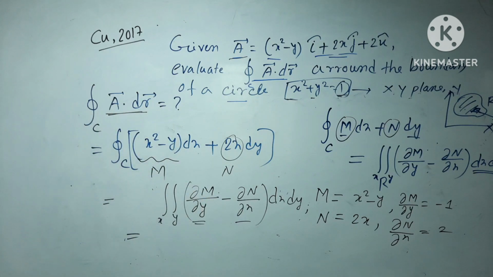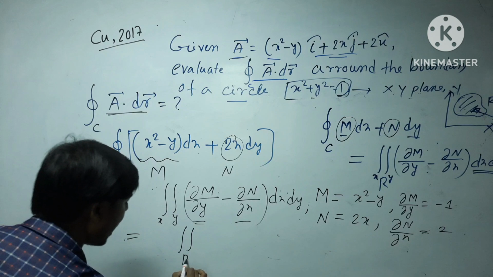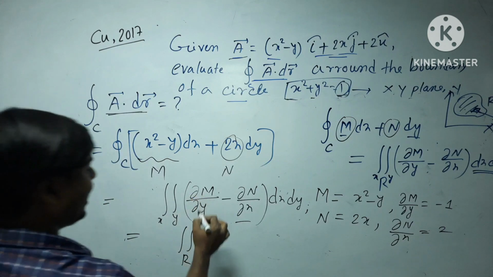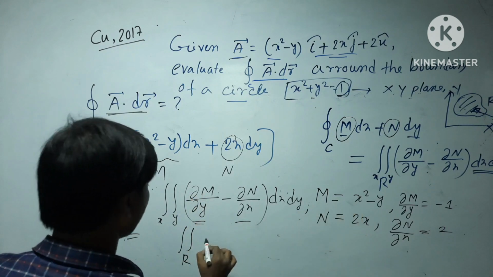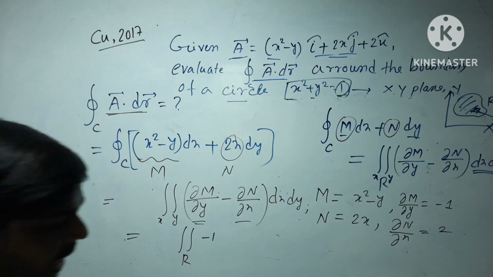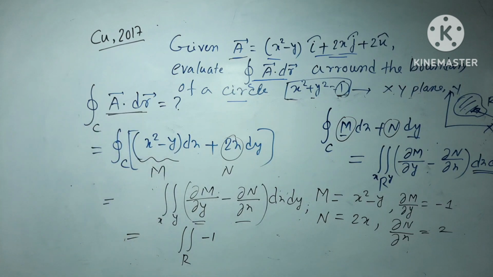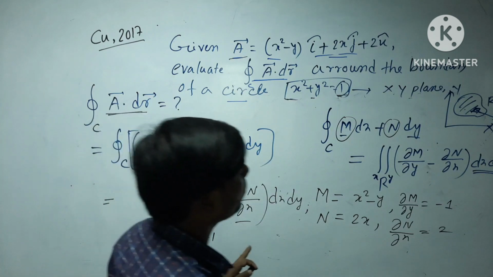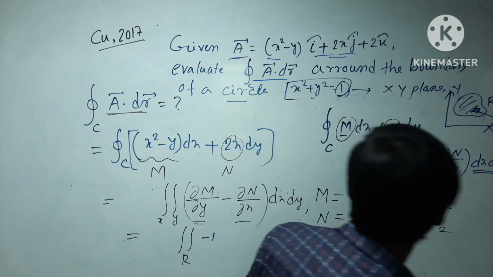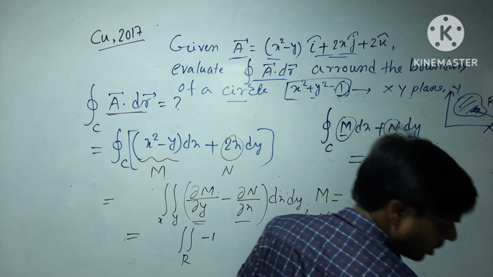Let's check is it visible or not. Okay, is it visible? It is visible. So this is in the region R, del M del y is minus 1, and del N del x, sorry, I have made one mistake here. এটা একটু উল্টে যাবে, I am very sorry for that.